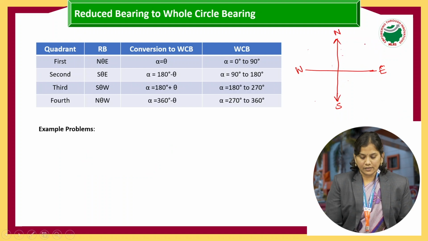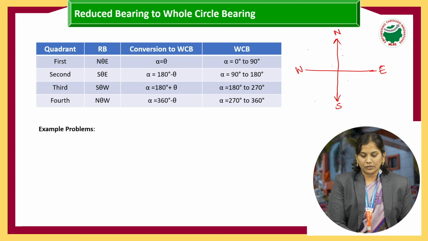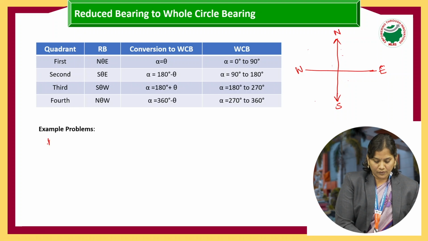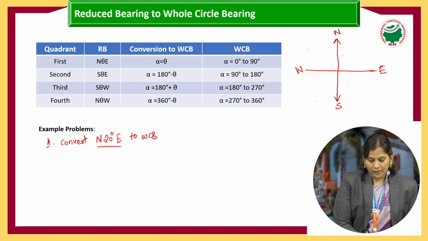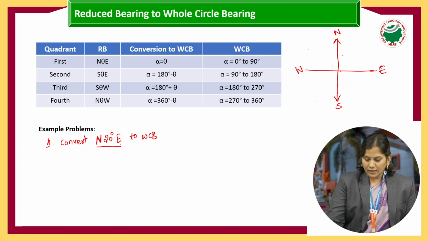We'll see a few exercises on reduced bearing to whole circle bearing conversions. First one: convert north 20 degrees east to whole circle bearing. North 20 degrees east is a reduced bearing, and since it is between north and east, the survey line is in the first quadrant, and theta is equal to 20 degrees.